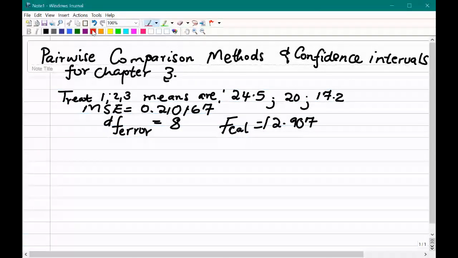Check it, guys, I don't want you to get lost. It's randomized block design.